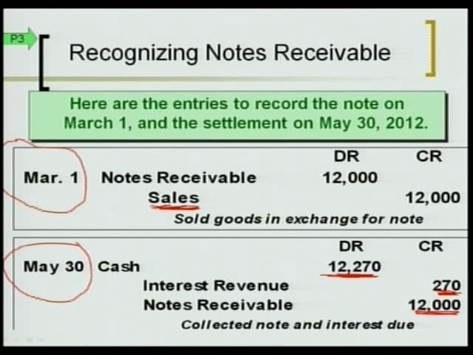So this is our journal entry here. Do you understand that? We get a total of 12,270 from this customer. 12,000 of that is for principal, and we reduce our notes receivable by the principal reduction. But the other 270 is interest revenue, or interest earned, you might say. Okay?